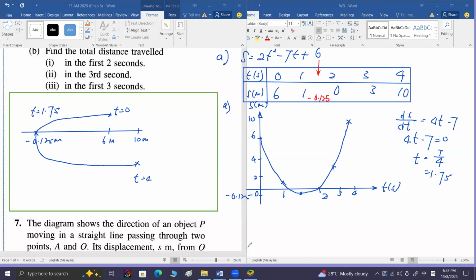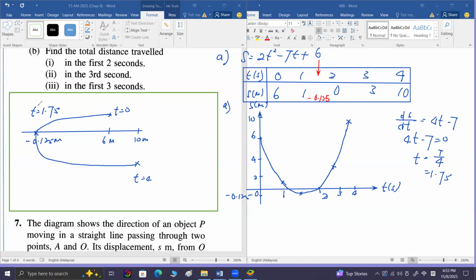Okay, so class, what you need to do is, you're asked to find the first two. See? First 2 seconds only. First 2 seconds from 6 to 1 to 0. So now, first two, I think it's not that hard. So first two, what did you get, class? 6 to 1 to 0 meter.